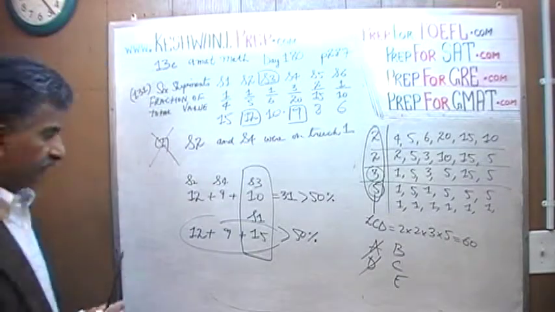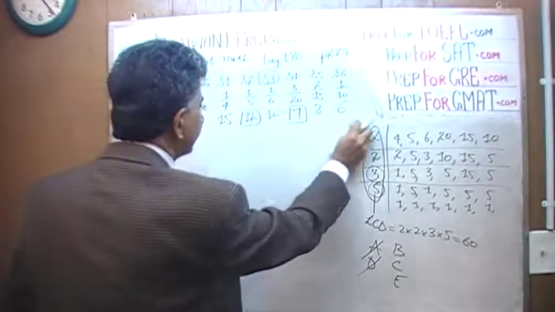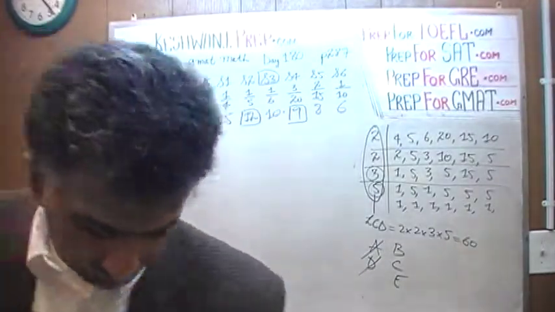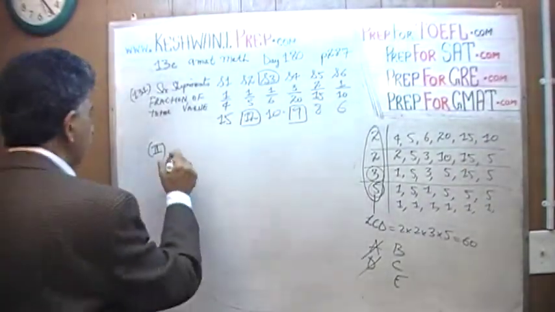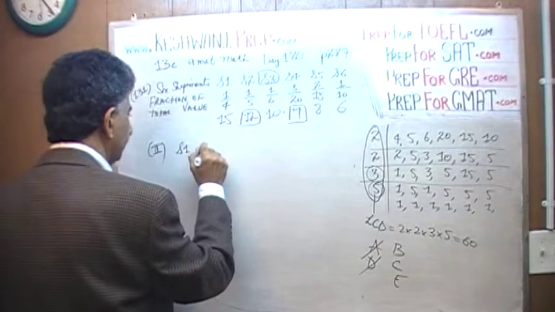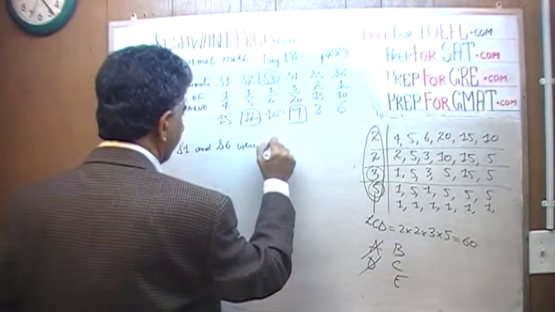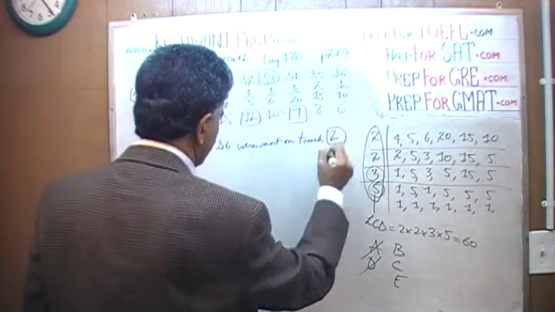Let's look at the second statement now. In the second statement, they tell us that S1, shipment 1, and shipment 6 were sent on truck 2, remember.